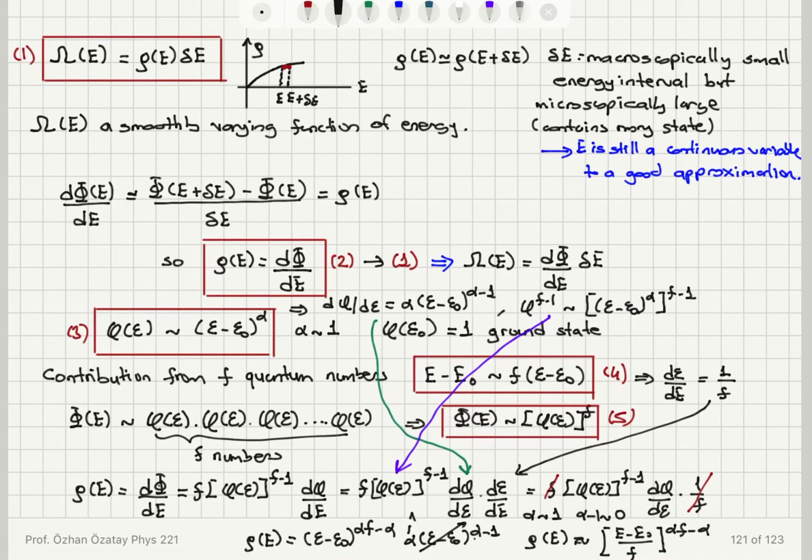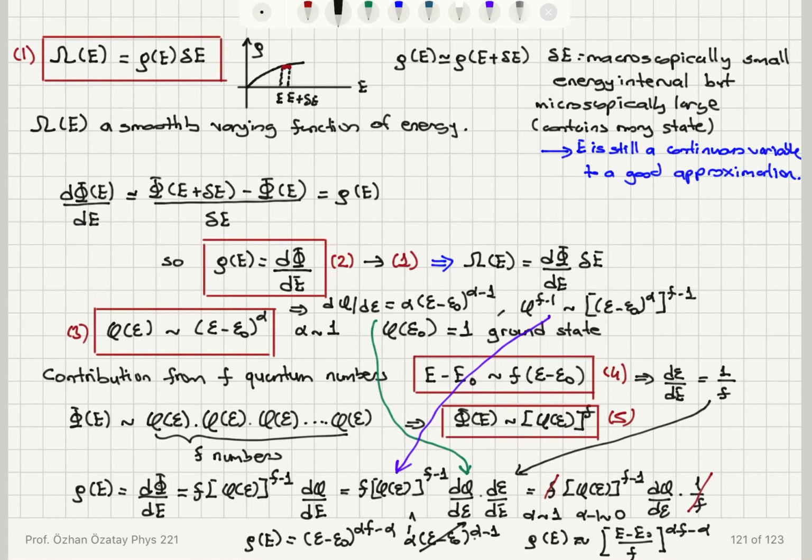The contribution to total energy from F quantum numbers, because each one has a contribution epsilon minus epsilon 0, is F times epsilon minus epsilon 0, which is the total energy minus the ground state energy. The total number of states for energies less than E is the total number of values the quantum number can have for energy contribution less than epsilon. And this is done F times because I have F quantum numbers.